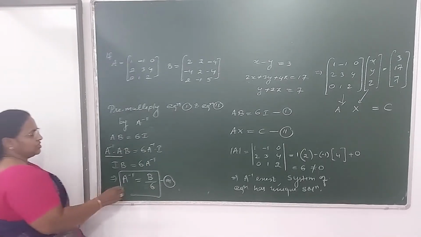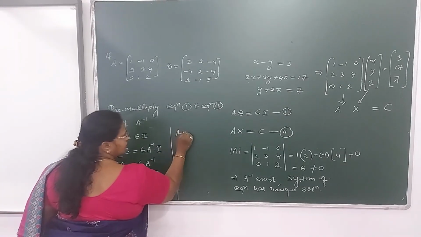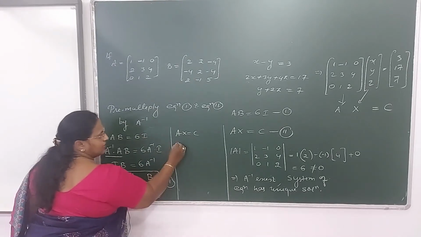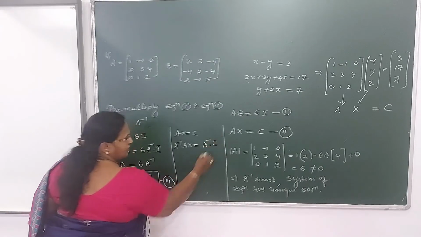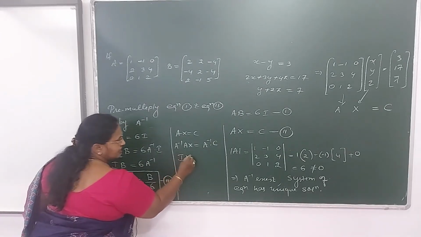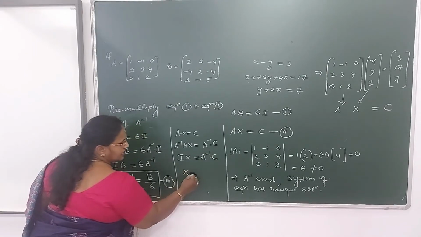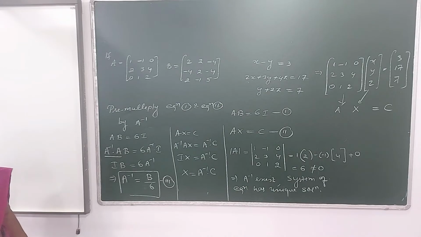Now the same procedure you will be applying to the second equation. AX is equal to C. Pre-multiplying it, A inverse AX is equal to A inverse into C. So IX is equal to A inverse into C. So finally X is A inverse into C. Now what to do?